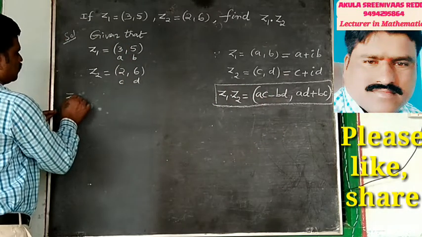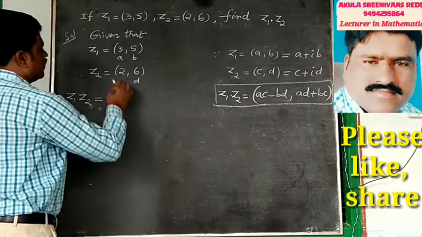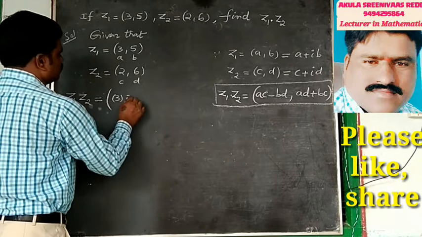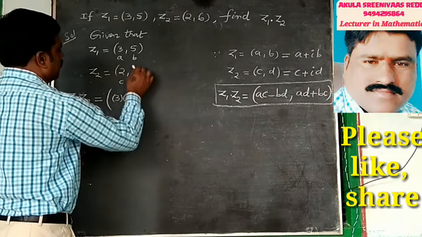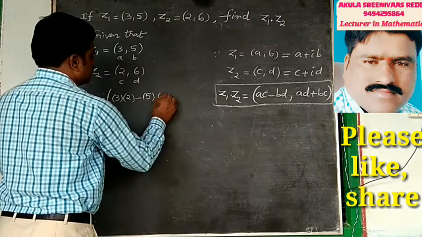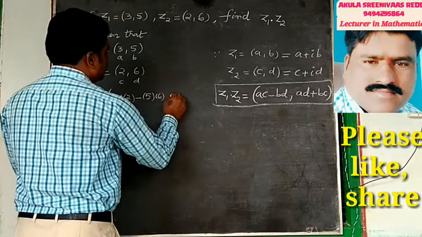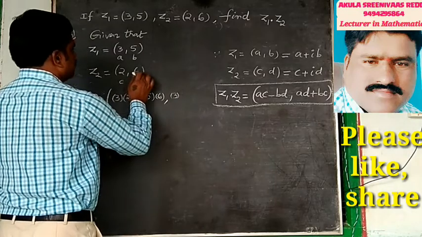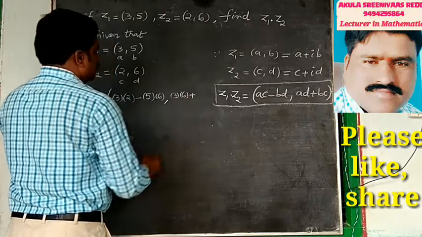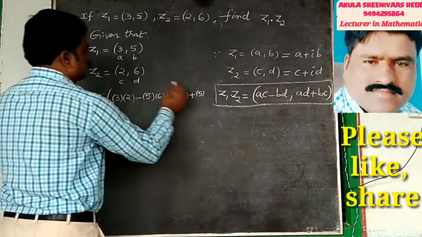So Z1 into Z2 is equal to A value is 3, C value is 2, minus B value is 5, D value is 6, comma A value is 3, D value is 6, plus B value is 5 and C value is 2.